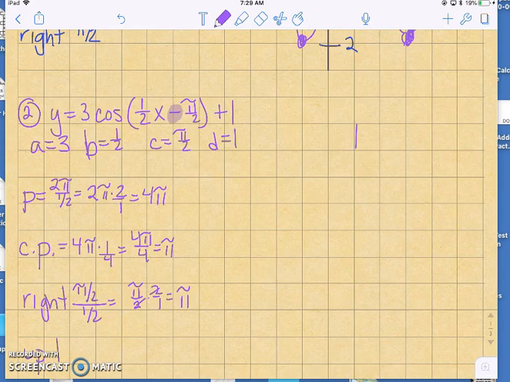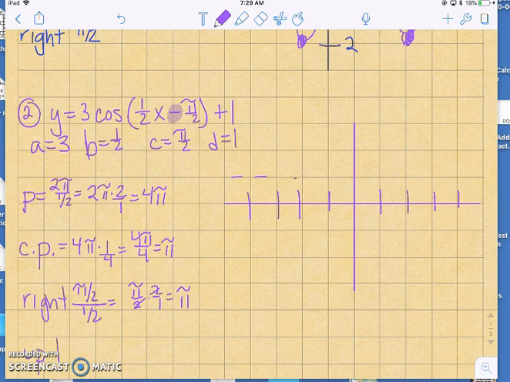So our graph of this one here, let's see, 4 marks on each side. So up 1. So what I'm going to do is, this is our new midline. So I'm going to dash in that. So our midline is 1.